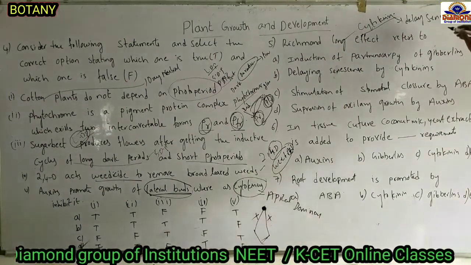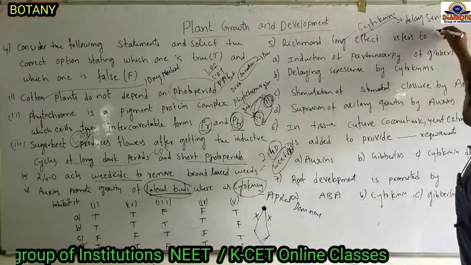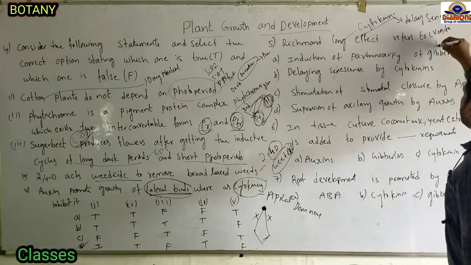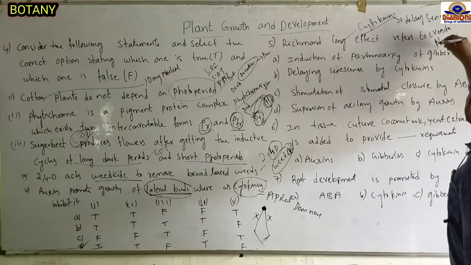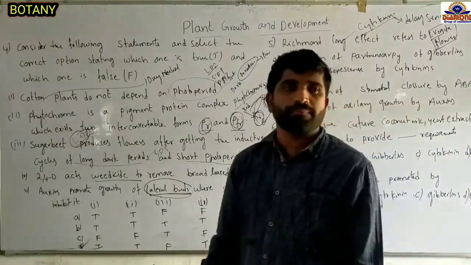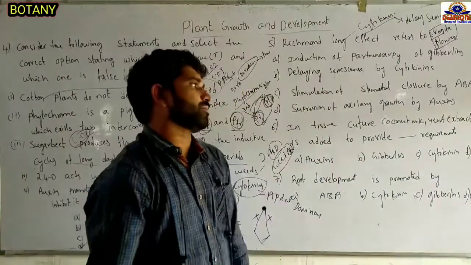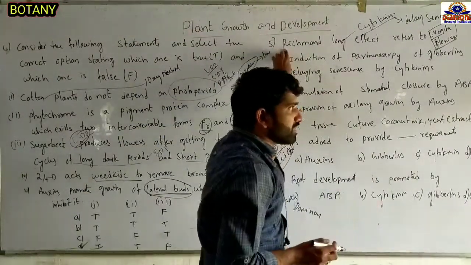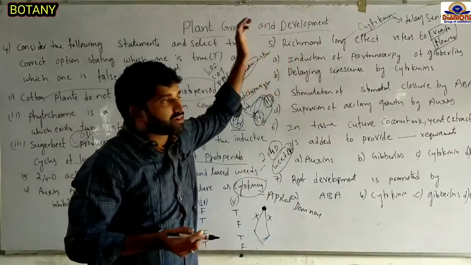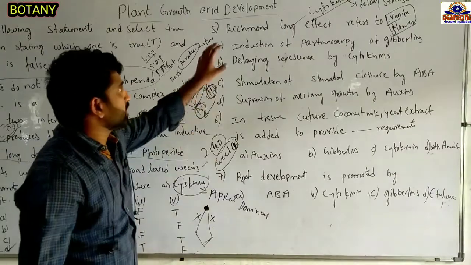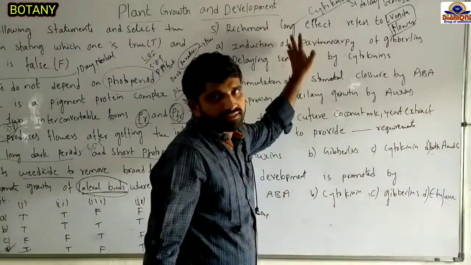So cytokinins are especially used for leafy vegetables and also flowers. We have to increase the market period of the plants by treating with cytokinins. One of the scientists, Richmond, confirmed that by treating with cytokinins, they can delay the senescence.